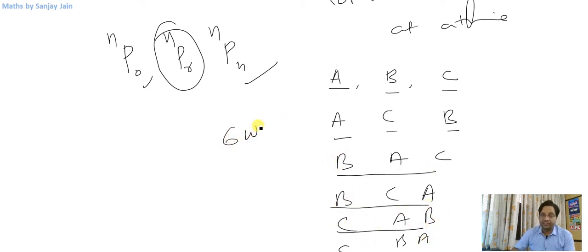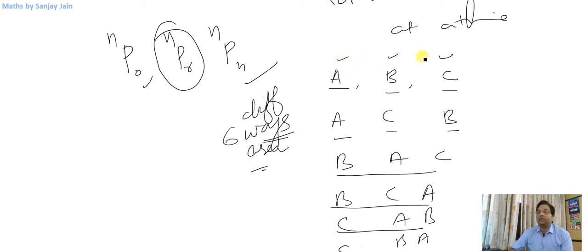So I have arranged these in 6 ways, or I have shown you 6 different arrangements. These are the permutations of these three letters taken all at a time, that is 3P3.